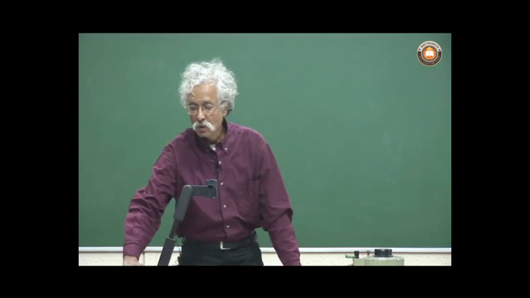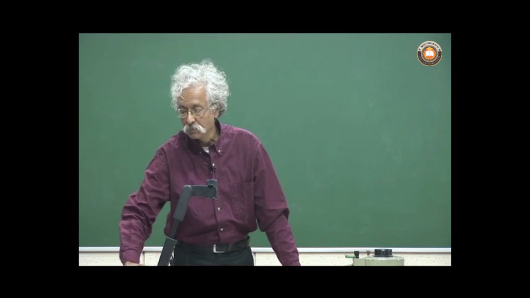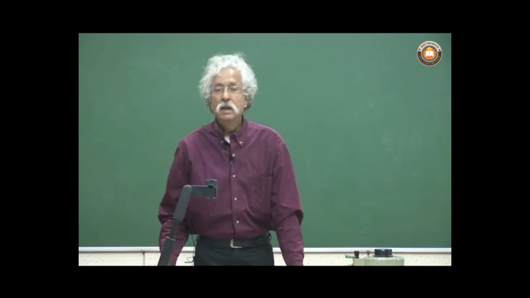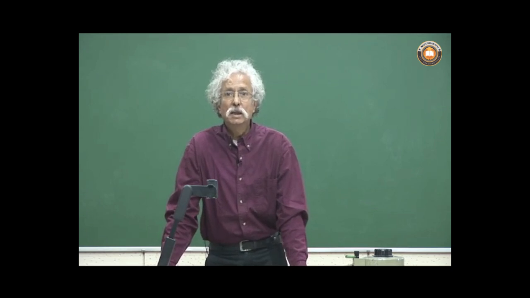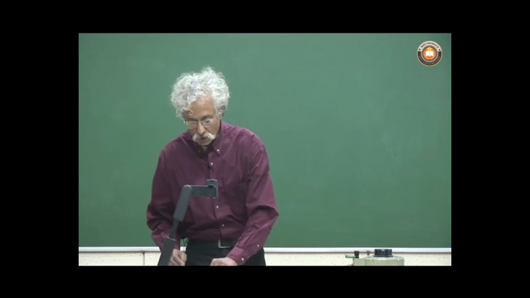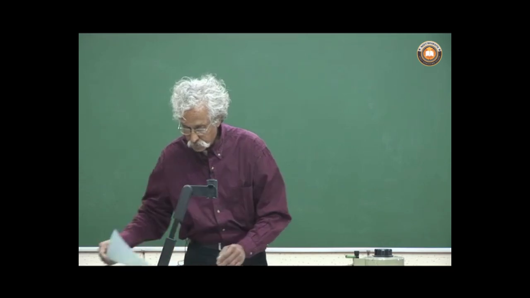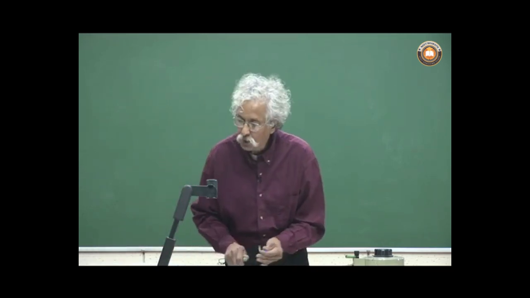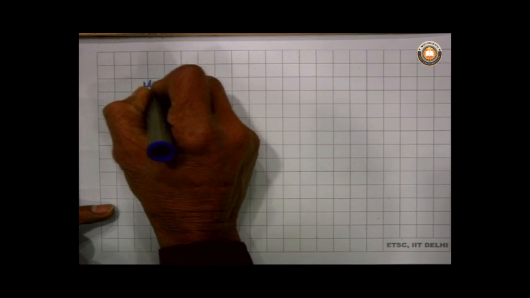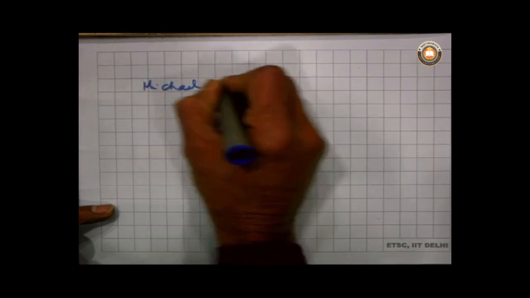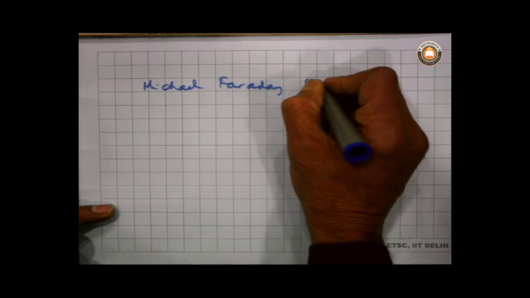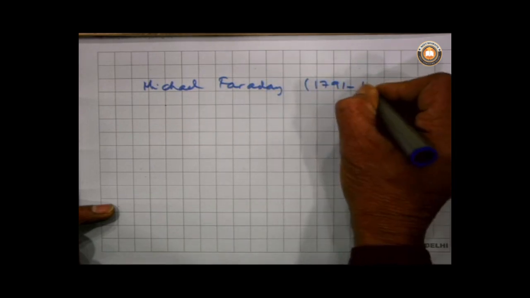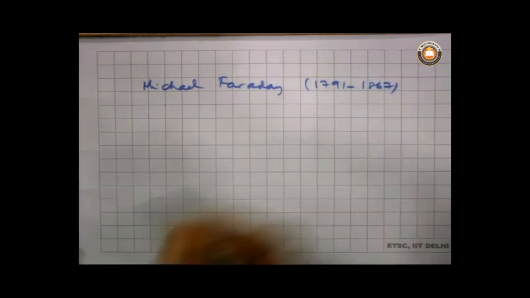Michael Faraday was a very famous British scientist, and he contributed significantly to electromagnetics, electrochemistry, and so on. He lived in the period (1791 to 1867).